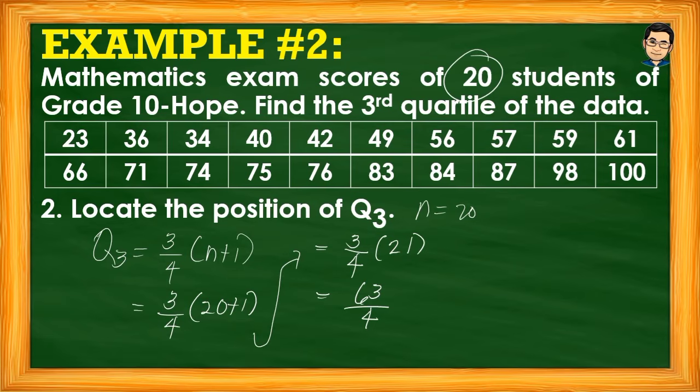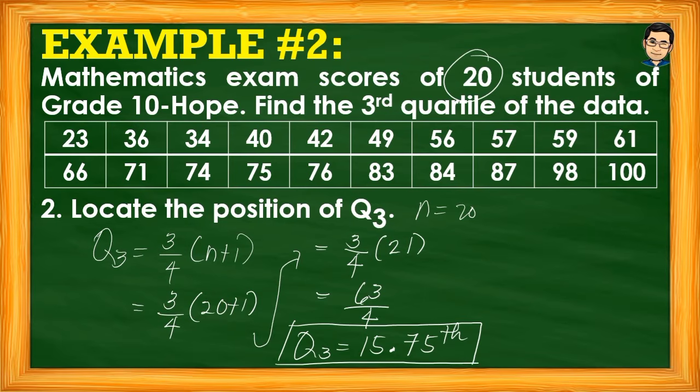So, kapag dinivide po natin ang 63 sa 4, ang makukuha po nating sagot is 15.75. So, ibig sabihin ang position po ng quartile 3 is yung 15.75 score, data. Now, yung 15.75, nasa pagitan po siya ng 15 and 16 score.